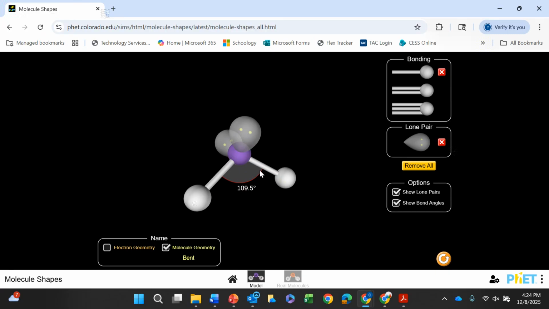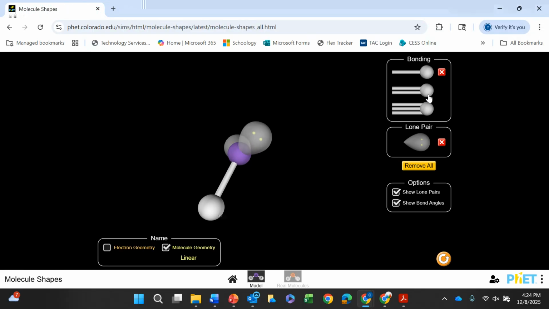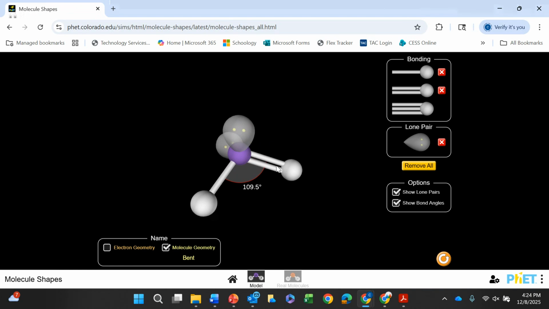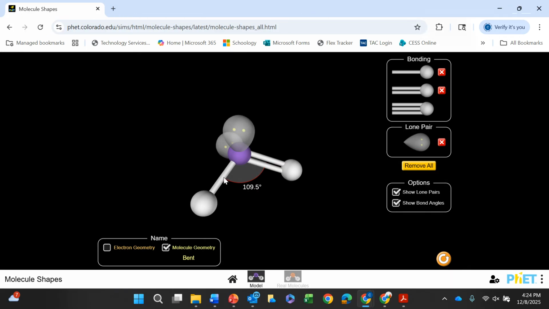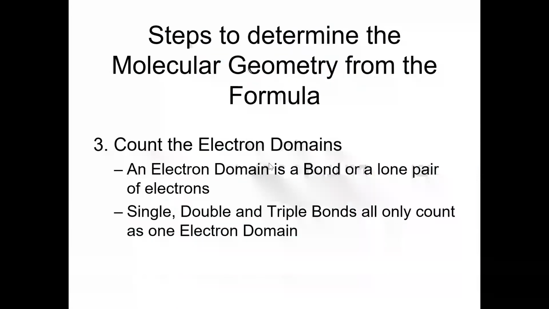Every bond is an electron domain, even if that bond is a double bond. This still has 4 electron domains. 1, 2, 3, 4. Meaning a bond, no matter what size it is, single, double, or triple, counts as 1 electron domain. So you have to count how many there are.